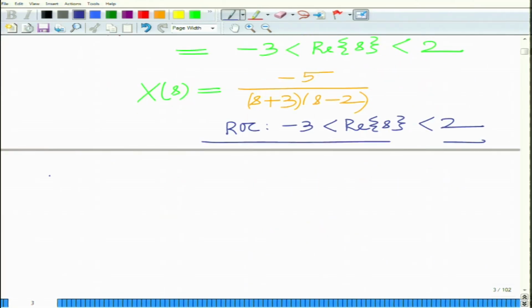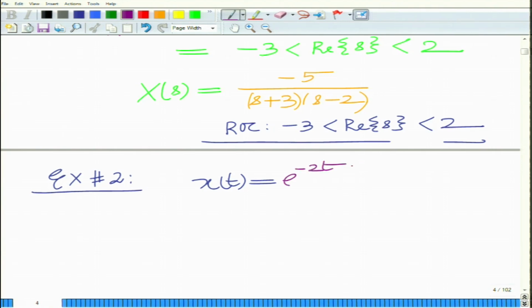This is the second example problem to understand how to evaluate the Laplace transform. So, I have x(t) equals e raised to minus 2t, u(t) minus u(t minus 5).